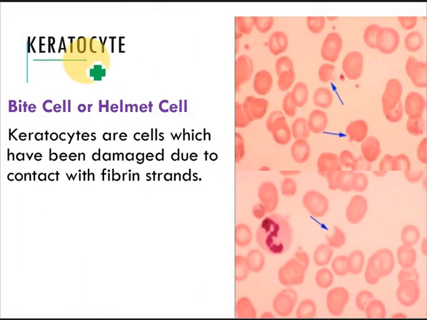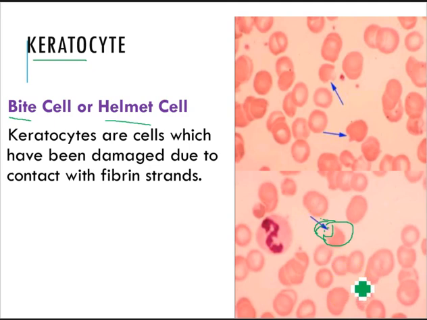We also have your keratocytes. As you can see, it looks like something took a chomp out of it. That's why they are called bite or helmet cells. Always wear your helmet, or drive safely.